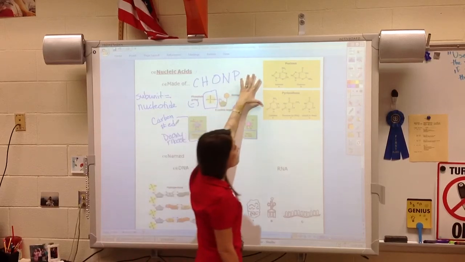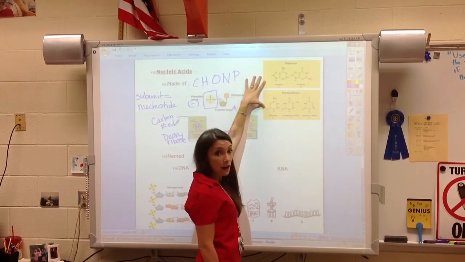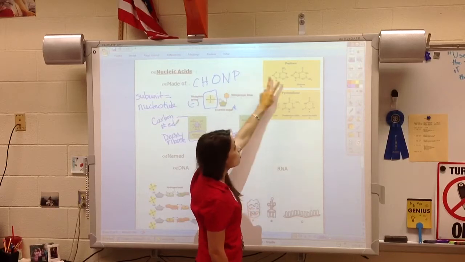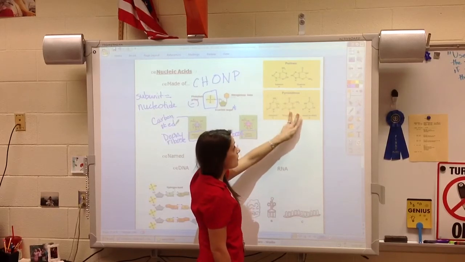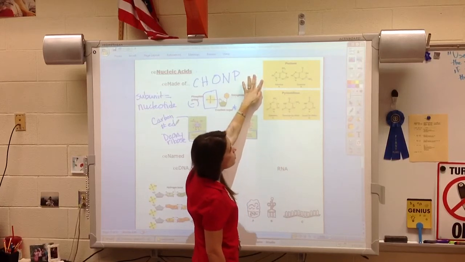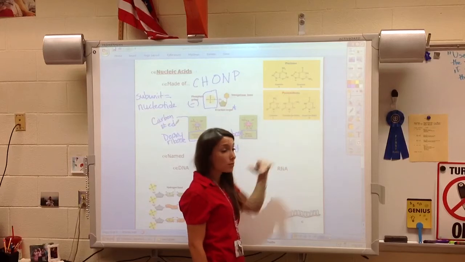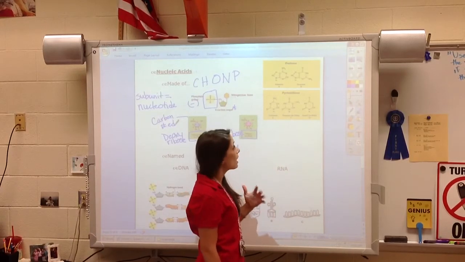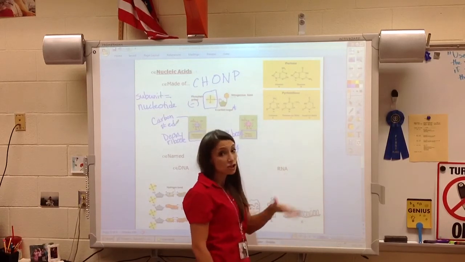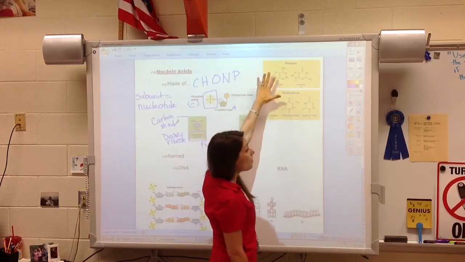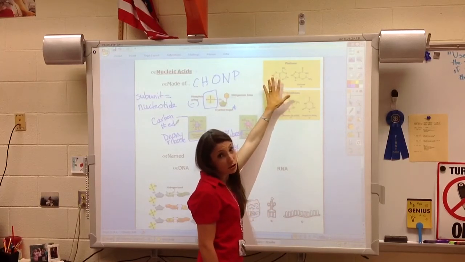The nitrogenous base comes in 5 forms. 2 of them are called purines, 3 of them are called pyrimidines. So let's look first at these purines. This is your adenine and your guanine. So you probably remember this from your introductory bio class, A's, T's, G's, and C's. But now we need to actually know the molecular structure.